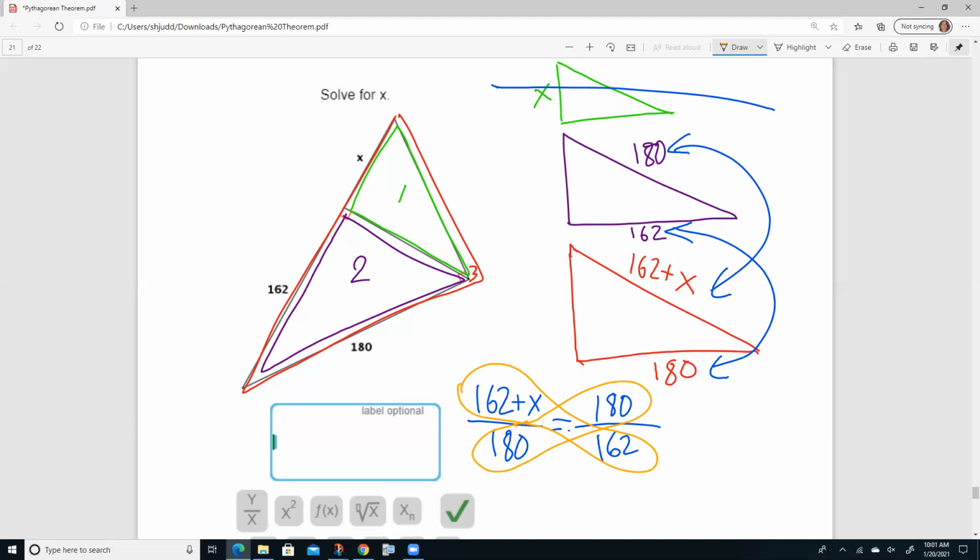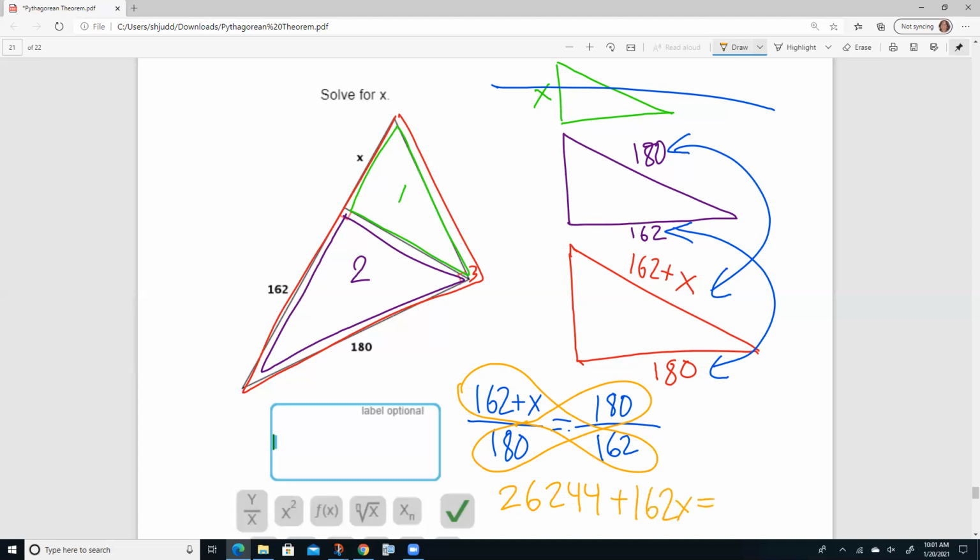And 162 times 162 is going to equal 26,244. Oh, sorry, that's 162 times 162, plus 162 times x, which is just 162x.